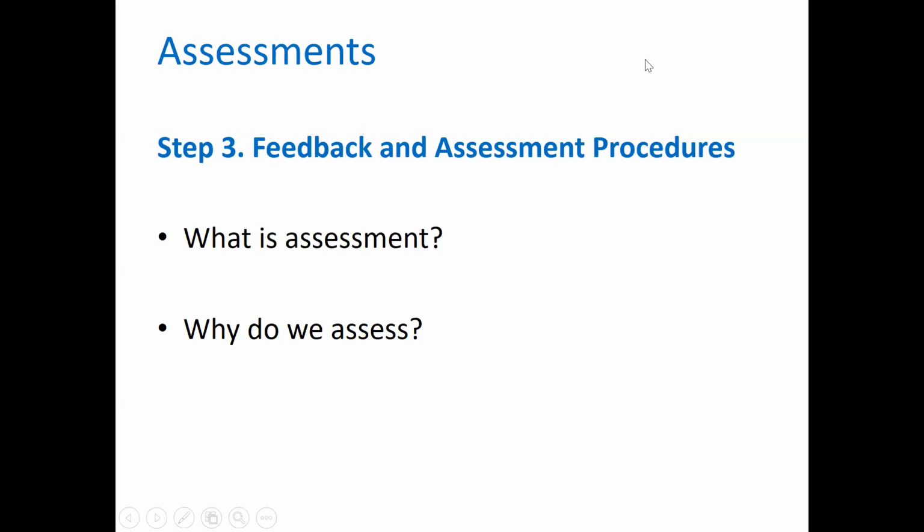Any participation, any sharing of ideas? People are writing here, but just give him some time. Okay. Check understanding, to check whether the learning objectives have been achieved. Checking student perception of the course material. What else? Assessment is a systematic way of evaluating whether a student understands the material. Why? To distinguish between students.